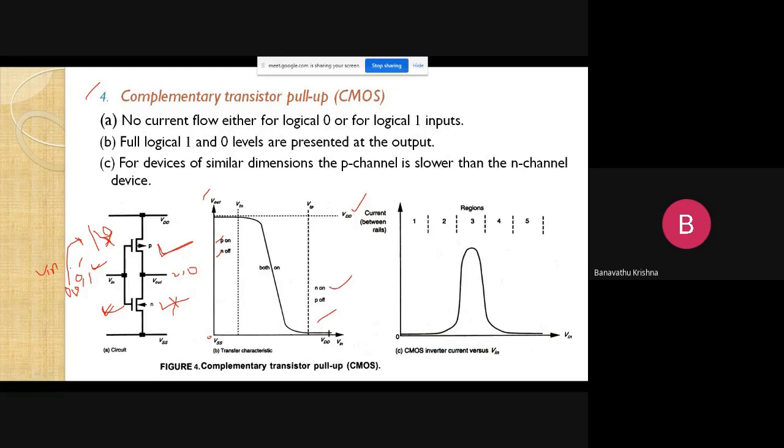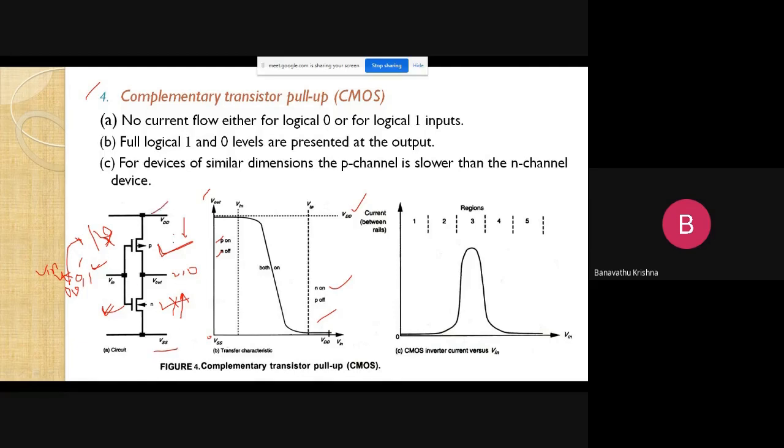In this process, if your input voltage exceeds the threshold level, then both devices change their conducting properties, from on state to off state and off state to on state, right? At a particular position both are partially on and partially off. In that region both are partially on, so a path is formed between VDD and VSS.